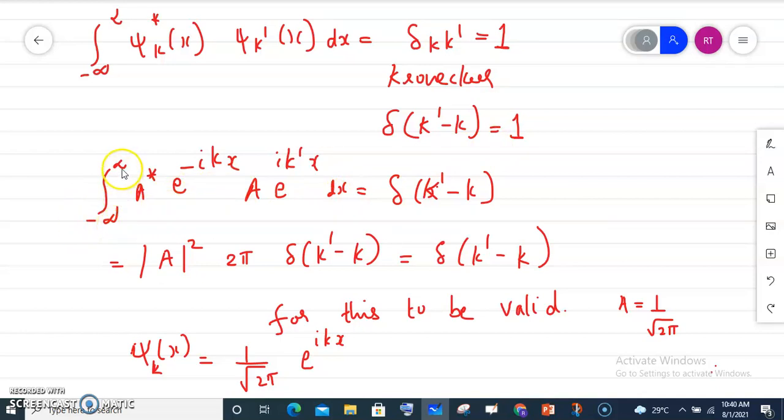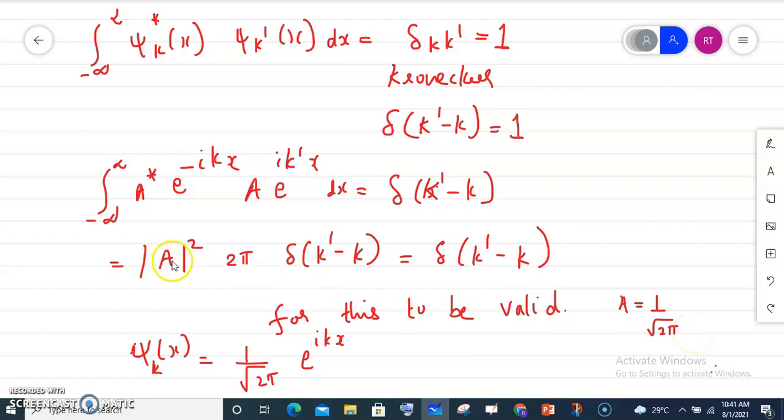So integral from minus infinity to plus infinity, the coefficient, psi star psi is taken: a star e raised to minus ikx, a e raised to i k prime x dx. That should be equal to the Dirac delta function. For this to satisfy the Dirac delta function, the constant has to be chosen as 1 by square root of 2 pi.